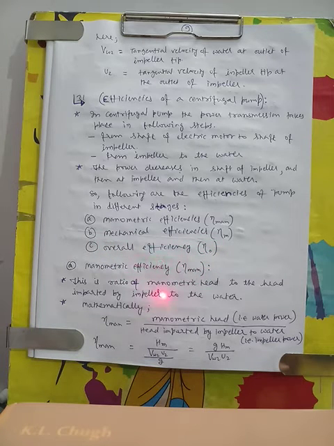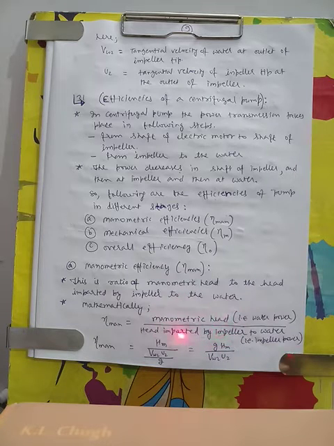So what is the manometric efficiency? This is the ratio of manometric head to the head imparted by impeller to the water. You can say it is the ratio of power available to the water at the outlet to the power imparted by impeller to the water.